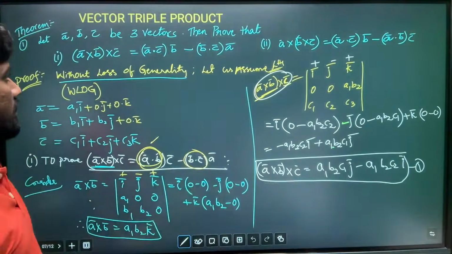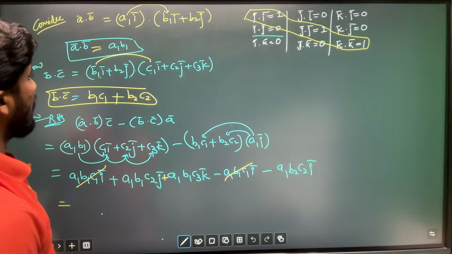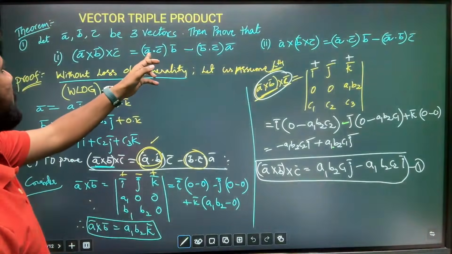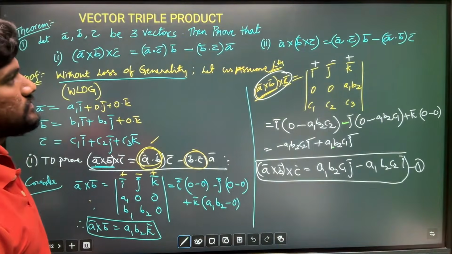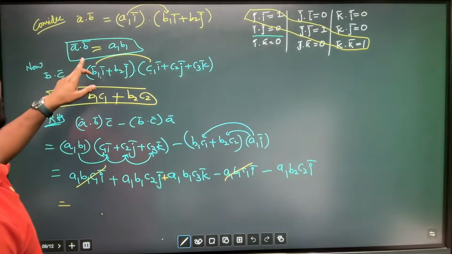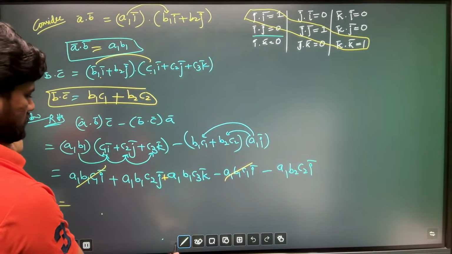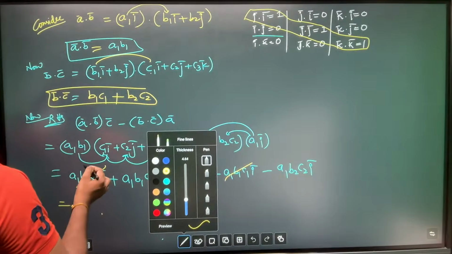b bar dot c bar into a bar. Oh, this is b bar. a bar dot c bar into a bar dot c bar.